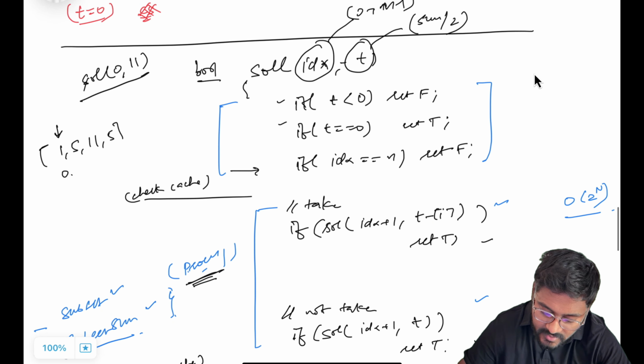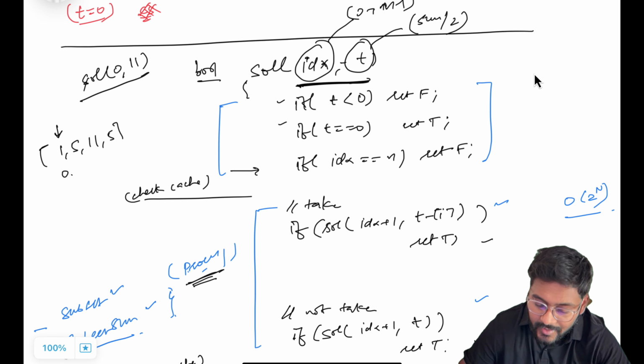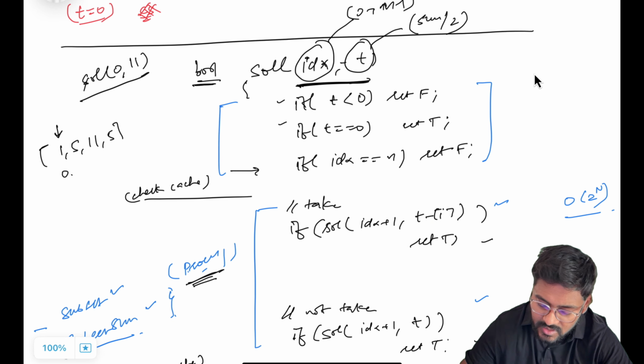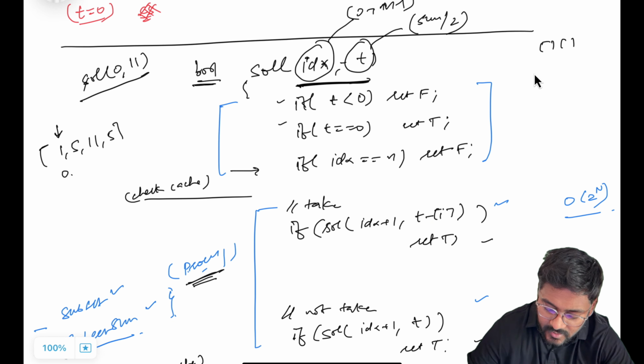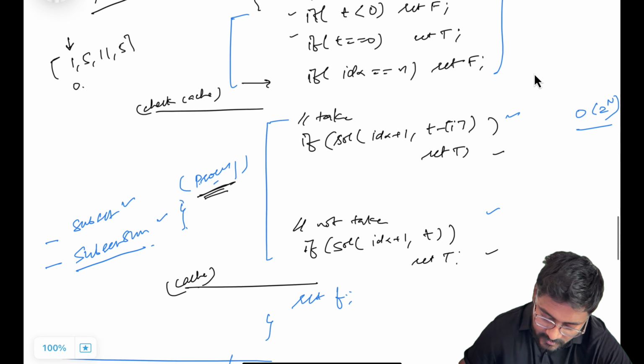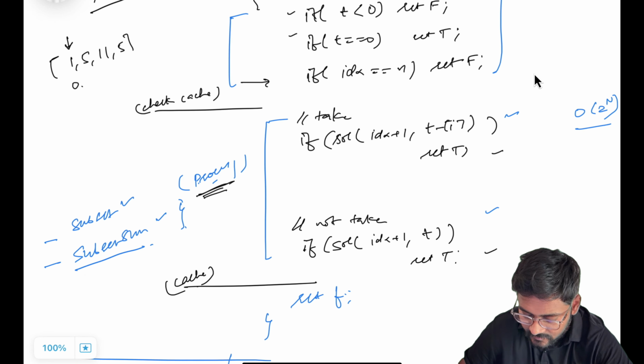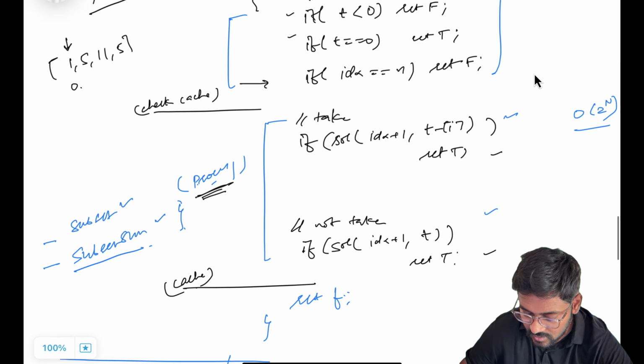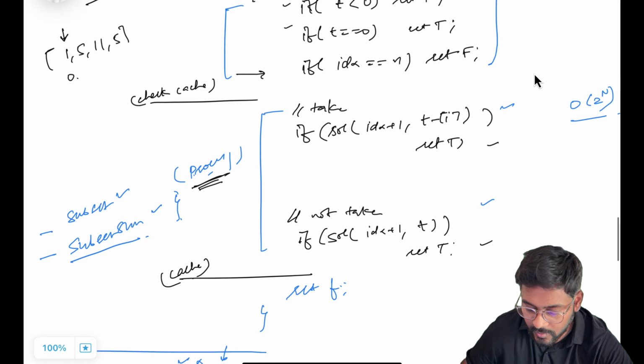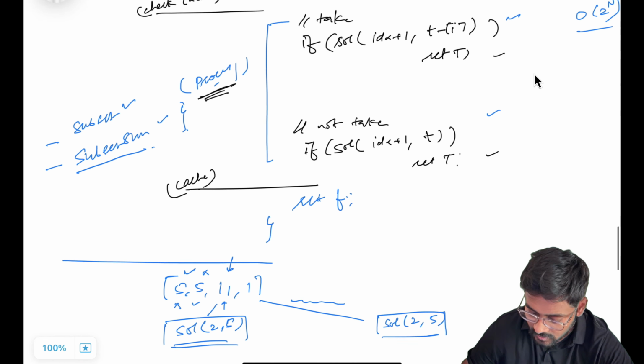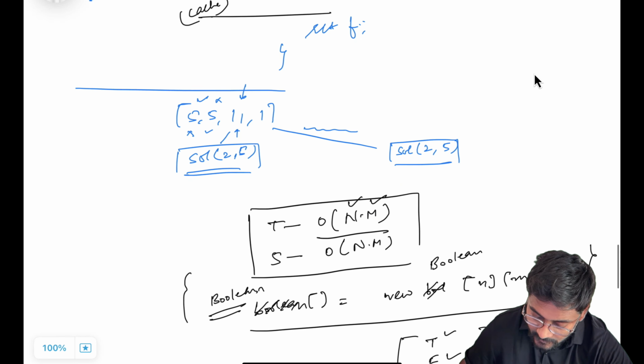Solve the problem with this combination of index and target value, and the return value is boolean. So this I can directly store in a 2D array, and that 2D array will behave like a DP array for me. After the processing, store it in the cache. So just the normal standard template, standard approach of top down style programming.